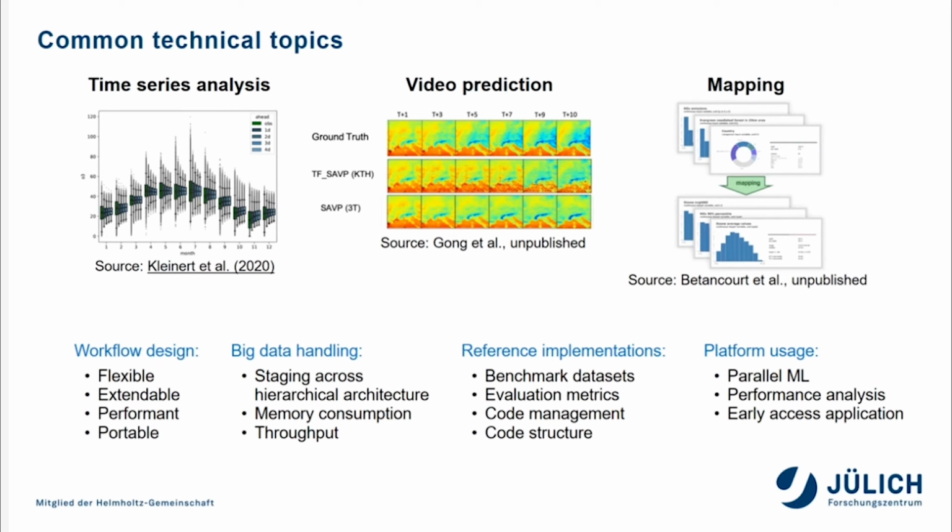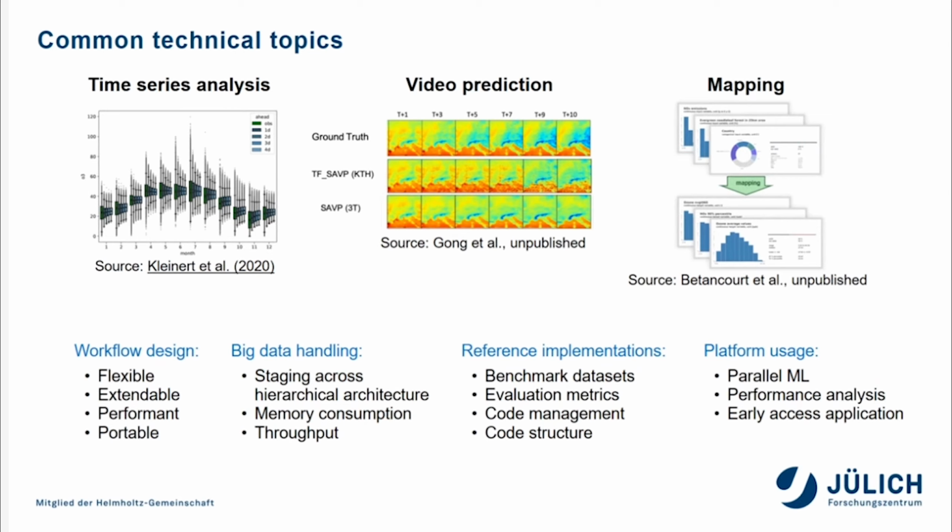So the video prediction work has already reached basically memory limits, which then limits, of course, the batch size that you can feed into these networks. So that's just one aspect, and similar aspects might occur in other areas. And then, of course, the throughput. So we want to be able to actually train and use these networks efficiently.